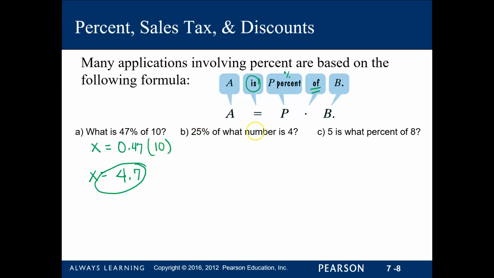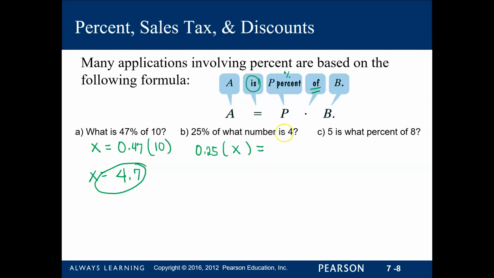Now, let's have this next example. Here, we have 25% of what number is 4. So again, translate this directly into an equation. So 25% is 0.25, "of" is multiply. "What number" we do not know, so we represent it as x.